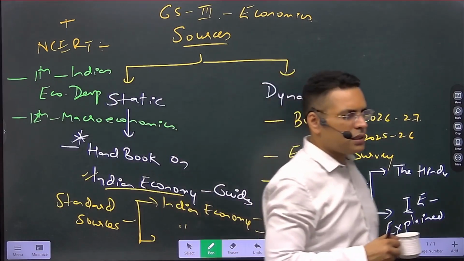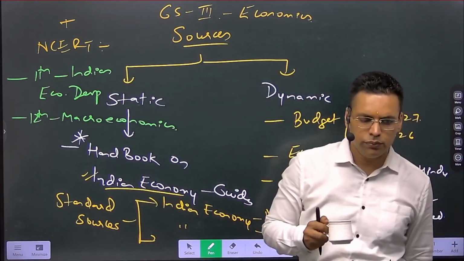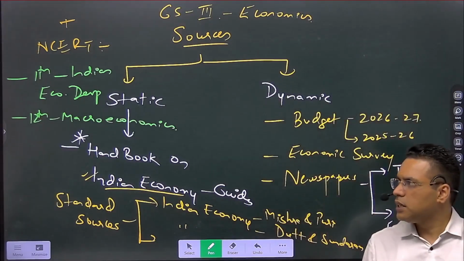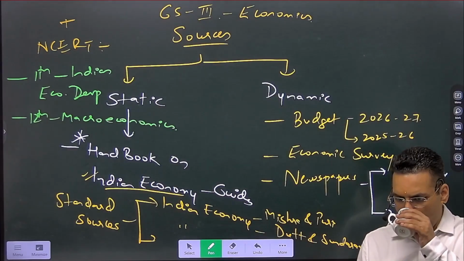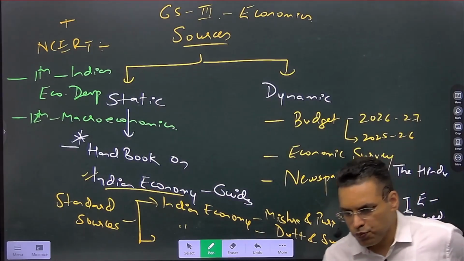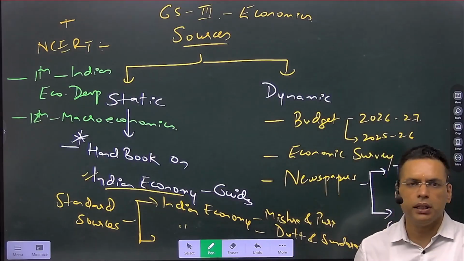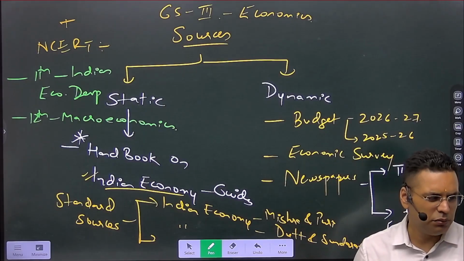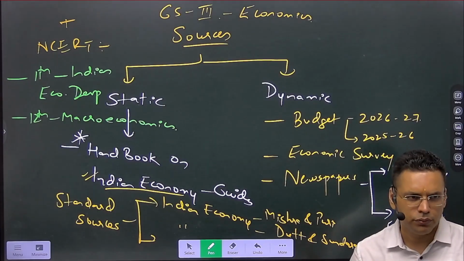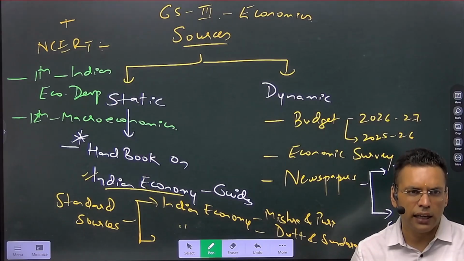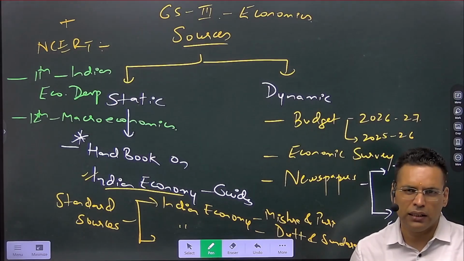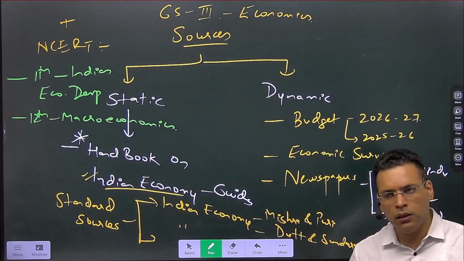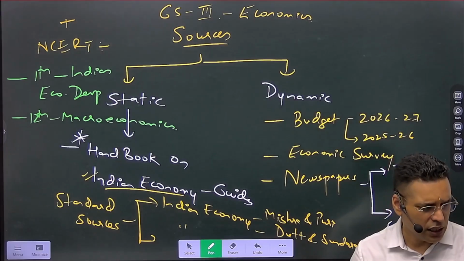Class 9th and 10th NCERT can also be followed, but again, it is not necessary, because the class 9th and 10th NCERT is mainly about Indian economy, that is part of the syllabus. So if you're covering the class, it's not needed. But if you have bandwidth and time, you can read those chapters. There are 4 chapters in class 9th and 5 chapters in class 10th NCERT.